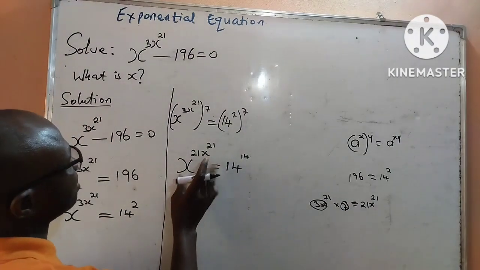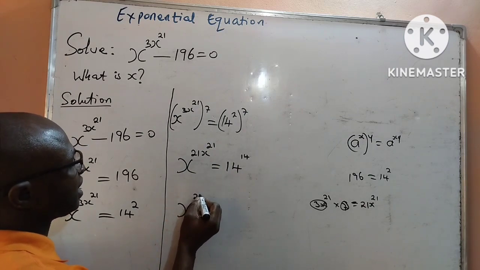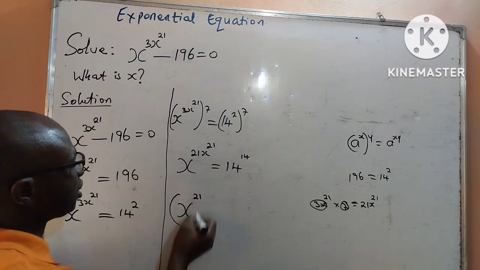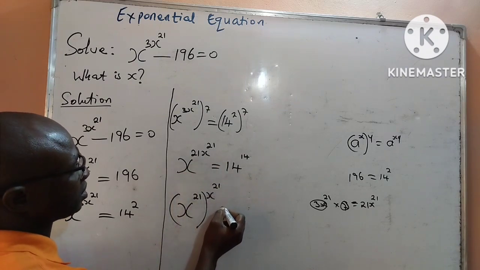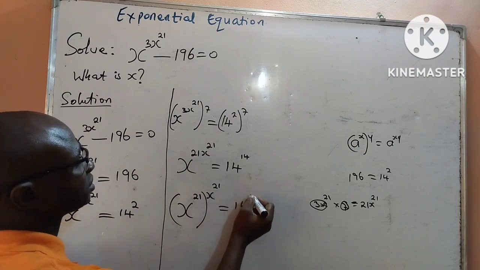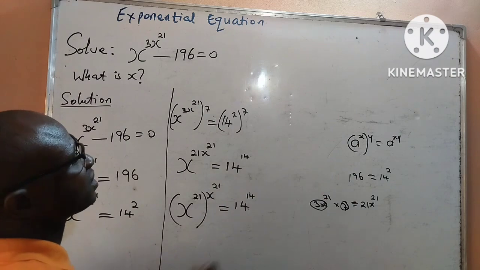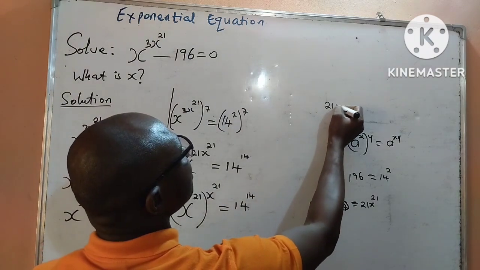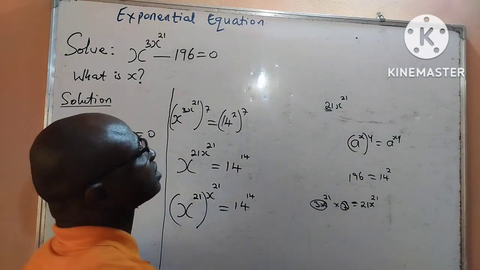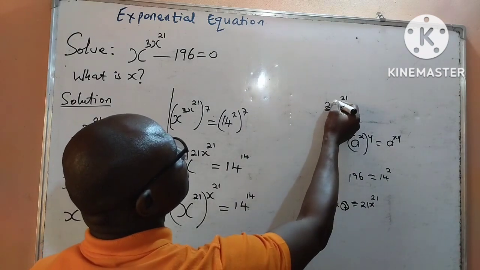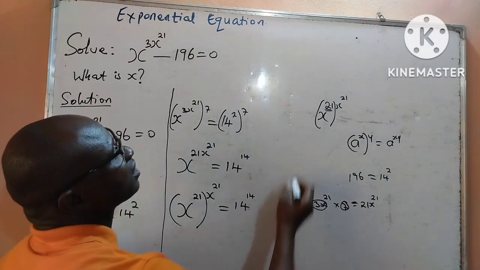Permit me to write this in this form. For clarity's sake, 21x to the power 21, all in bracket, then to the power of 21, equal to 14 to the power of 14. What have I done? Since I have 21x to the power of 21, and this is also an exponent, I simply move this, that is my x.